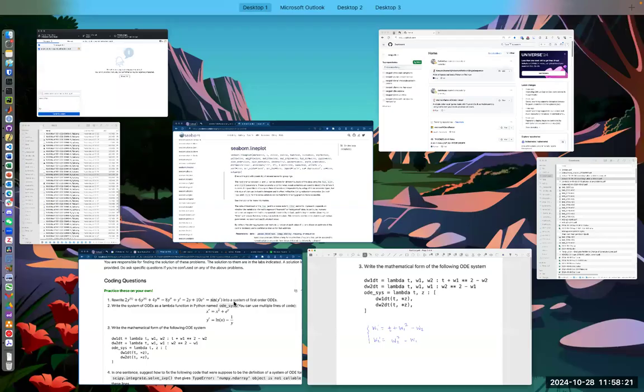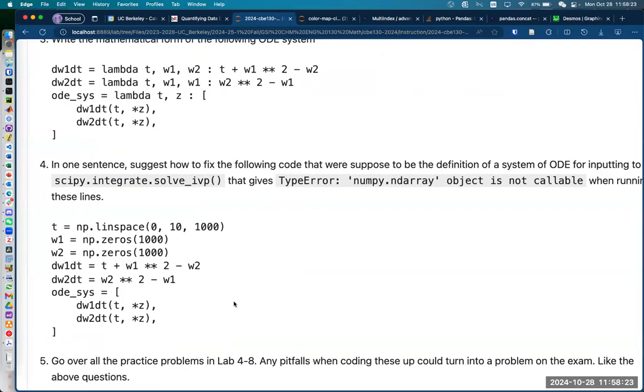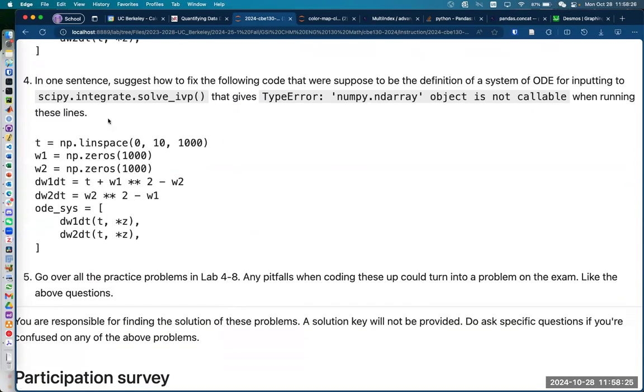Okay, and lastly, in one sentence, suggest how to fix the following code that was supposed to be the definition of a system of ODEs for inputting to solve IVP. It gives a type error when running these lines. When we see a type error, the definition of time and the empty W1 and W2 are fine, but we want to look at the definition of the functions.